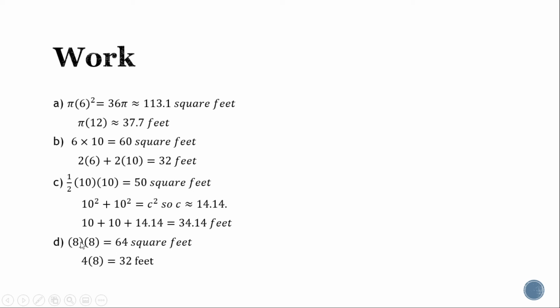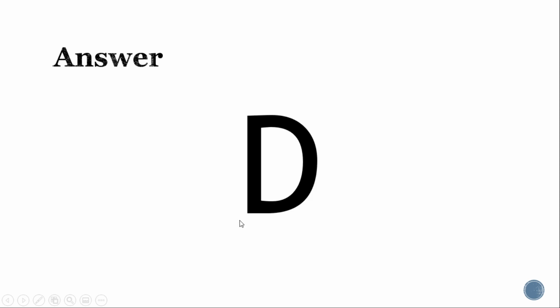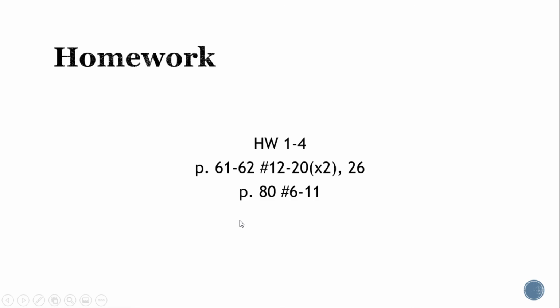What about D? 8 times 8 is 64 square feet. And we do 4 times 8 to get the perimeter, we get 32 feet. So both B and D are possible, but D is bigger. Answer is D.